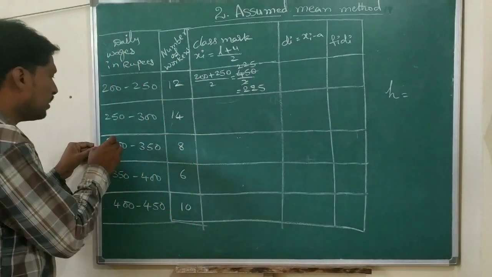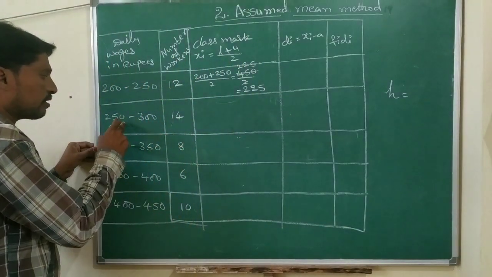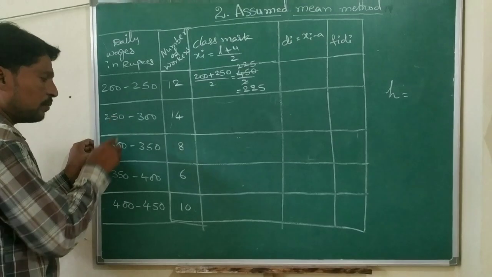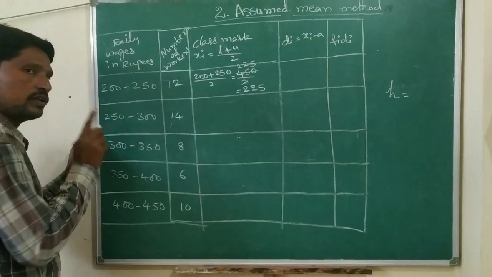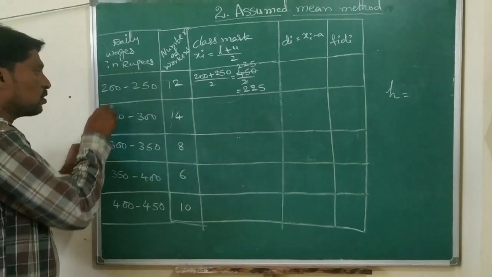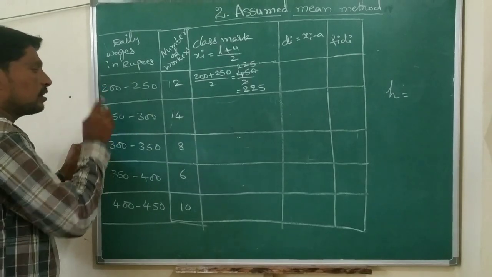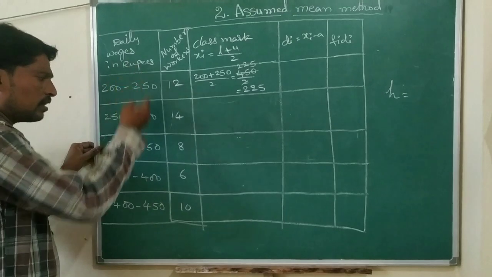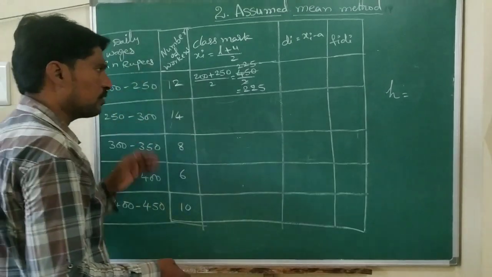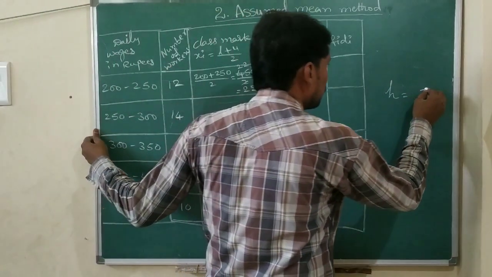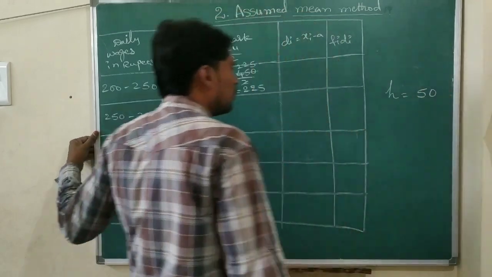Taking lower limits, 300 minus 250 we get 50. For 250 minus 200, that is 50. You can take the upper limits also. So the height of the class is 50.